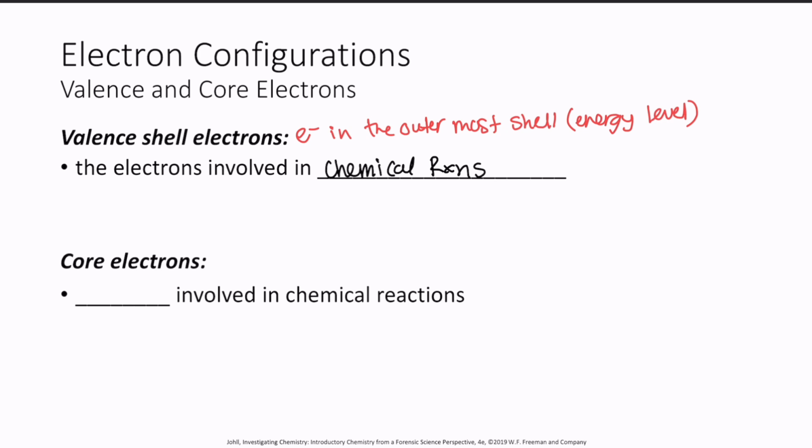The core electrons are essentially everything that is not a valence electron. So the core electrons are the inner electrons that make up the beginning of an element's electron configuration.